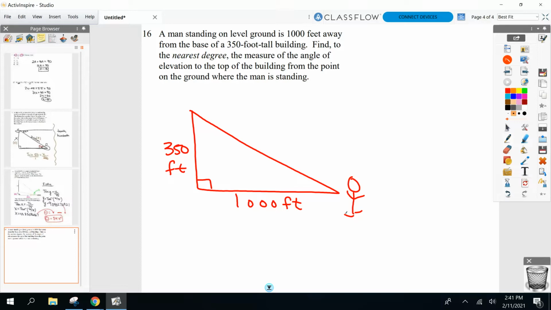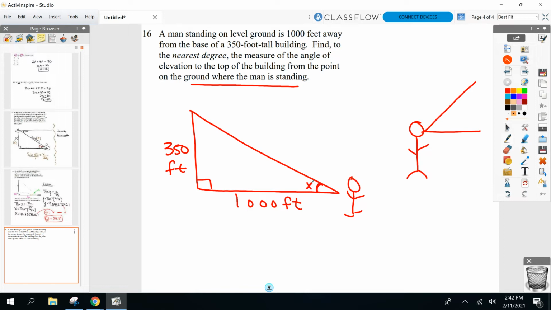Okay, so this one here is a little bit different than from what we're used to. What we're used to is, hey, we usually go from, if we're dealing with a person, his eye level up to the object here, but it says find the angle of elevation to the top of the building from the point on the ground where he's standing. So that's where our triangle is already, on the ground. So all it's asking for is this right here, our angle of elevation.